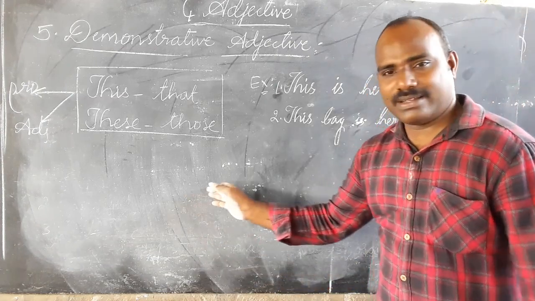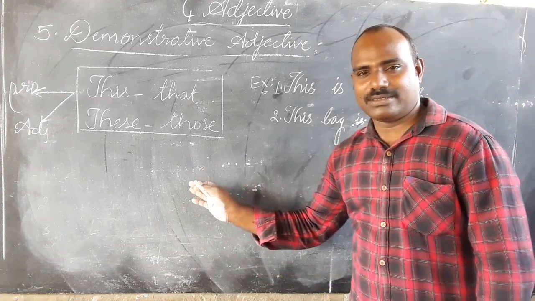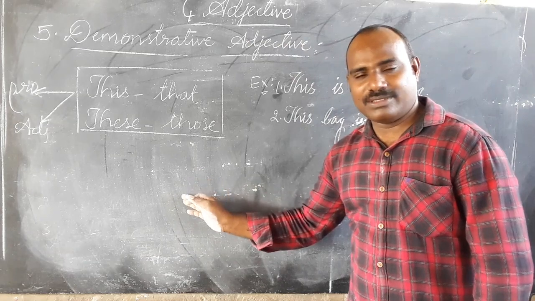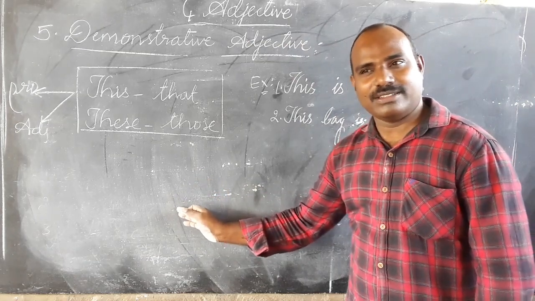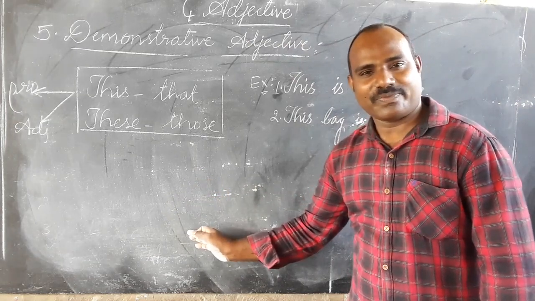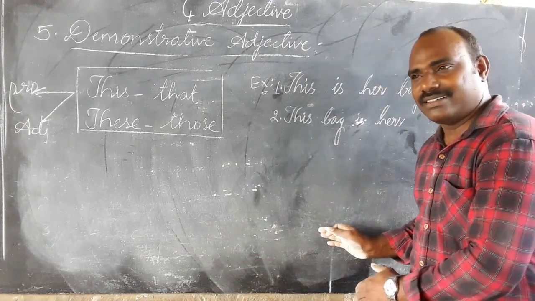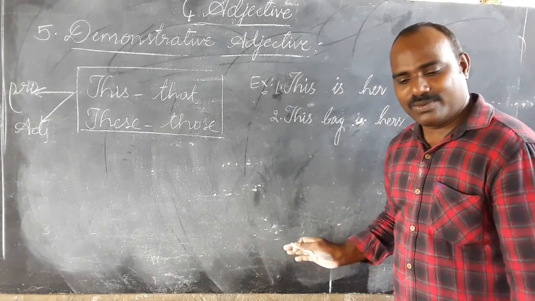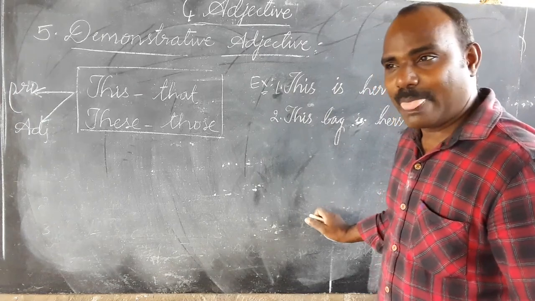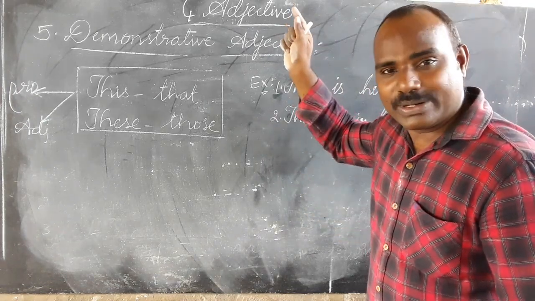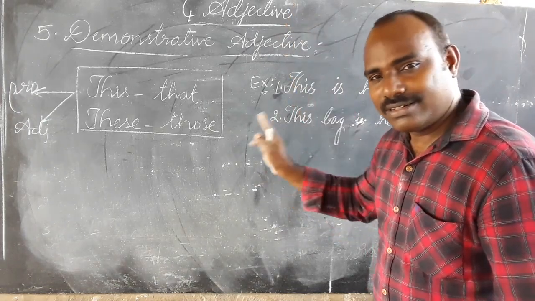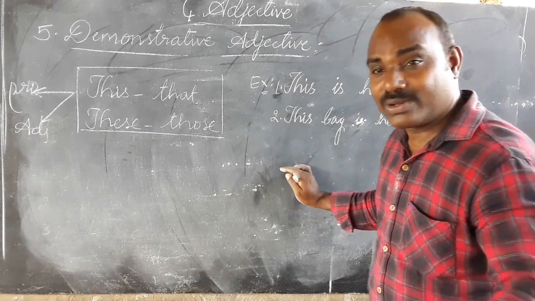I was explaining first person singular, plural, second person singular, plural, and third person singular, plural: he, she, it. While I was writing her, see what I have written here. The possessive adjective of she is her. I think I told you. That's not her.